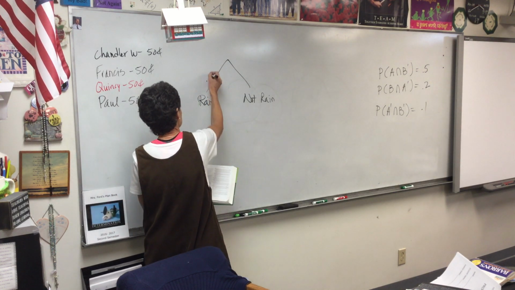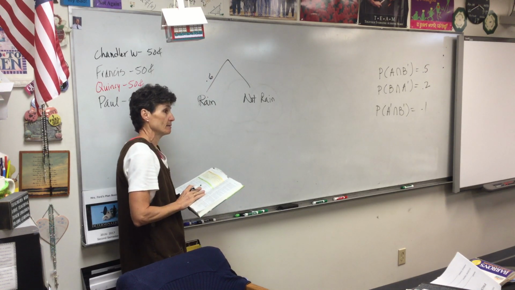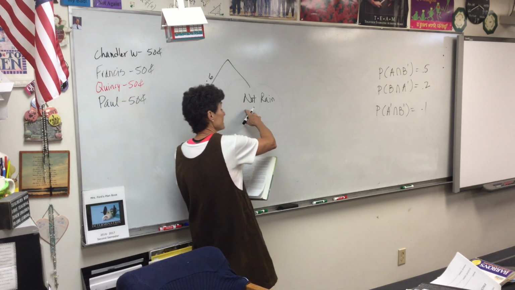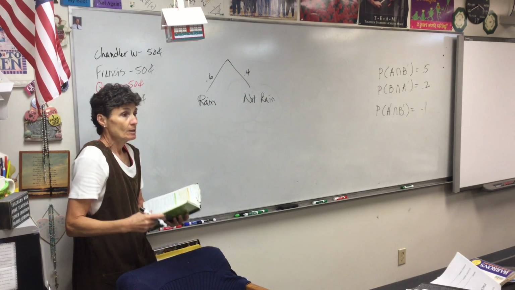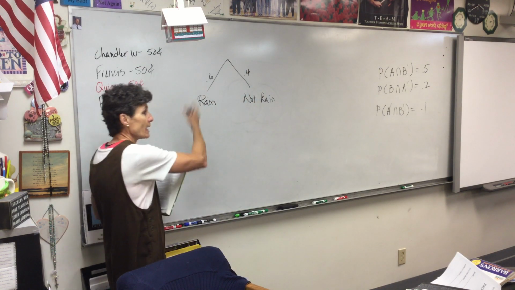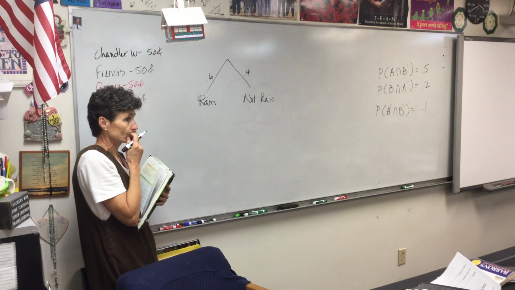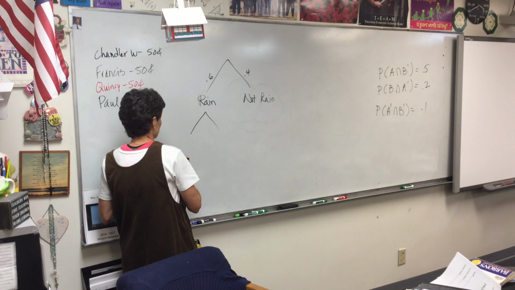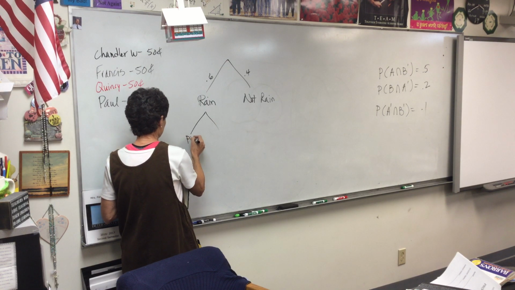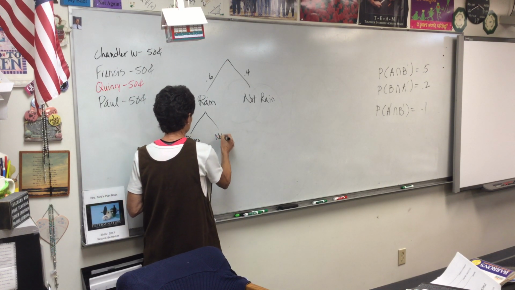The probability of rain is 60%, which means the probability of not rain is 40%. So tomorrow it's going to rain or it's not going to rain. Now, if it rains, this kid's going to either do piano or not do piano.